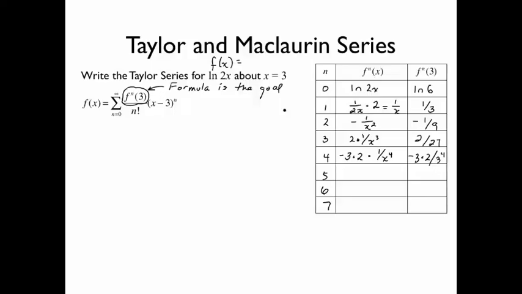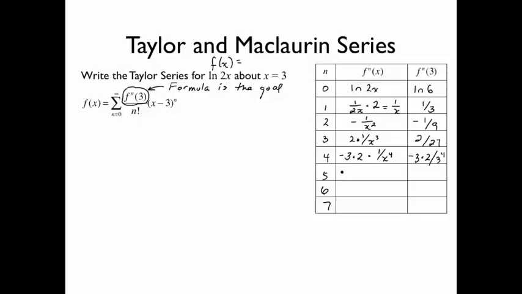That would require a formula for the nth derivative taken at 3. So that's why I'm keeping things in their factored form, because then we can see the pattern for the nth derivative taken at 3.